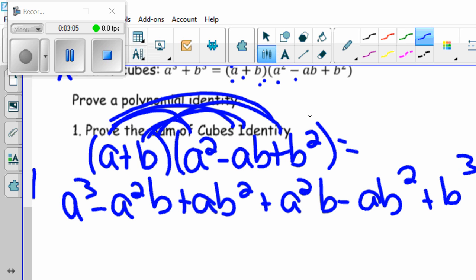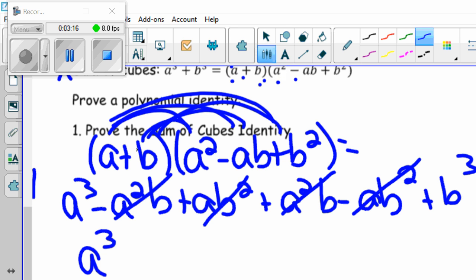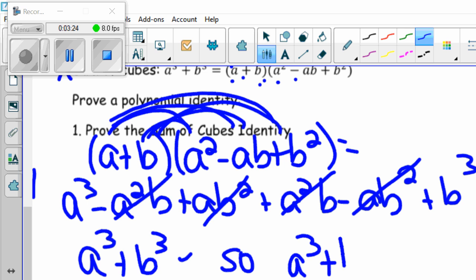Now I'm going to combine like terms. So this is the only a cubed I have, so a cubed. A squared b and a squared b, they cancel each other out. Ab squared and ab squared, they cancel each other out, and I'm left with plus b cubed. So that's what I got. So I can say a cubed plus b cubed is equal to a plus b times a squared minus ab plus b squared. We just proved that.